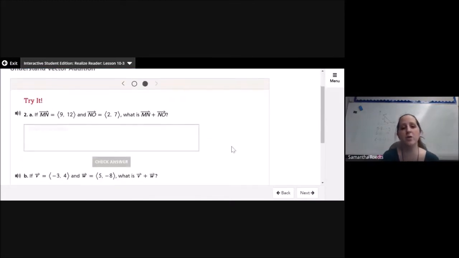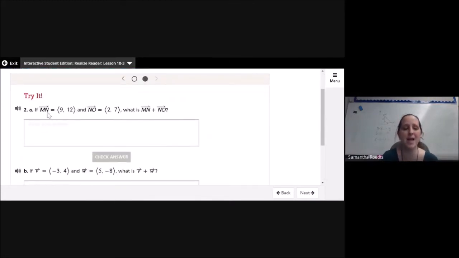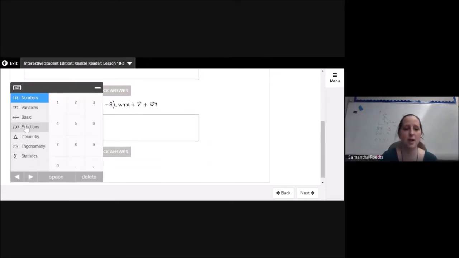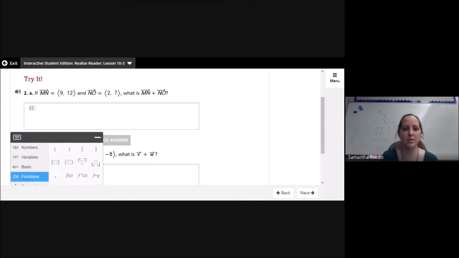All right, so let's try it. I want to find the vector if MN equals 9, 12 and NO equals 2, 7. What is MN plus NO? So in order to do this, I'm just going to add my vectors together. So in this case, I have 9, 12 plus 2, 7.